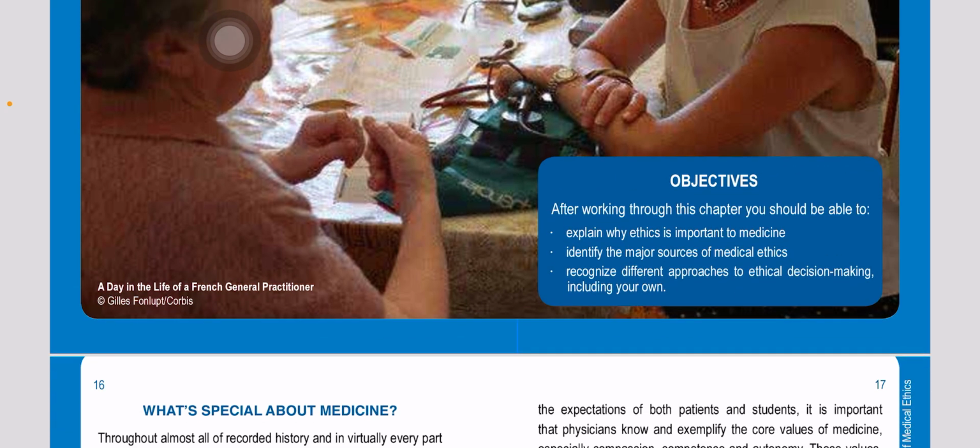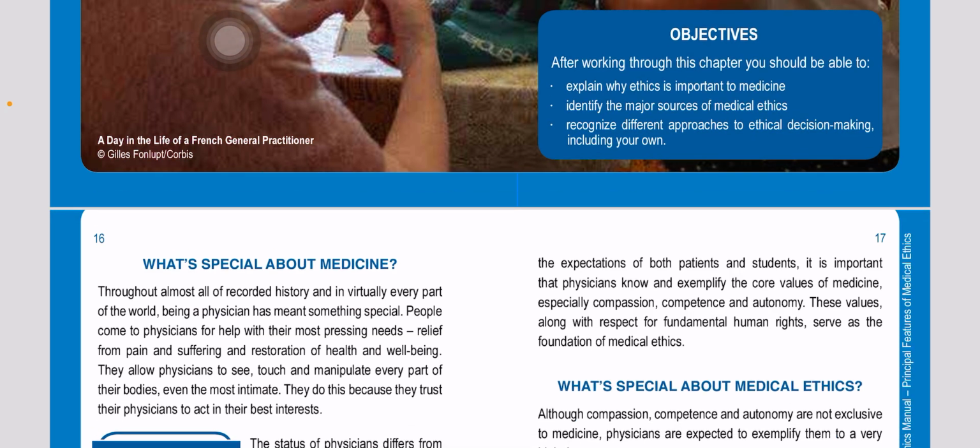At the time of Hippocrates and the great philosophers, Plato, Aristotle, and so forth, they had already discussed the concept of what is right and what is wrong. Next, recognize different approaches to ethical decision making, including your own.